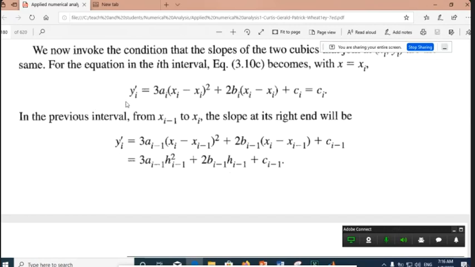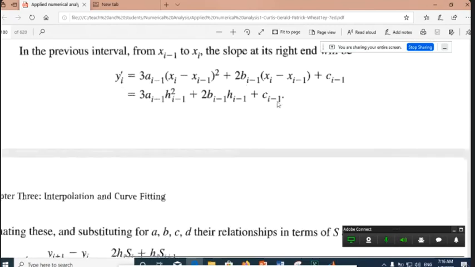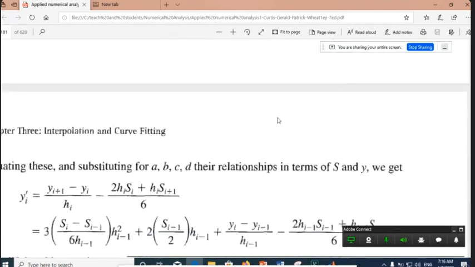Also, by substituting x_{i-1} to x_i, we get this equation. g prime_i is equal to this value.